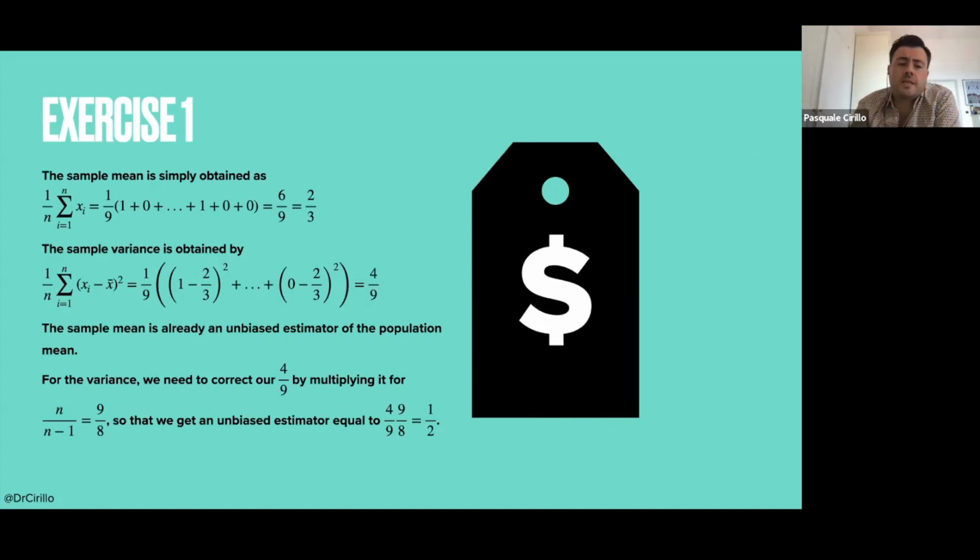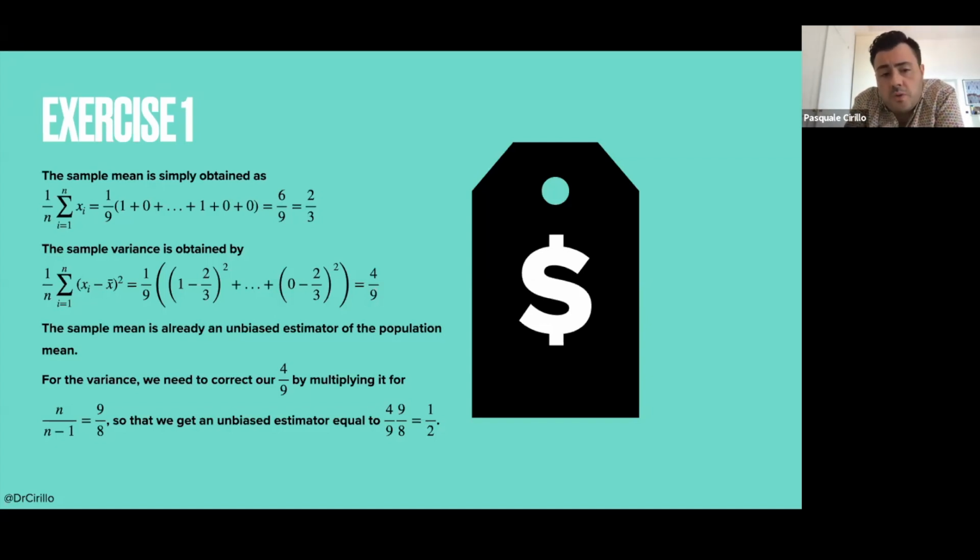Now, if I want to get the sample variance, and initially I'm not interested in an estimator that is unbiased and consistent, so I want just to compute the sample variance, what do I do? I take 1 over n, the sum of the square distances of each observation from the sample mean. So it's 1 over n, the sum of xi minus x bar squared.